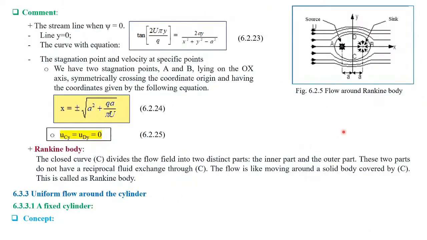I show you here: we have a source with intensity Q, and a sink also with intensity Q, symmetric about the y-axis, and the distance from the source and sink to O is the same, a.